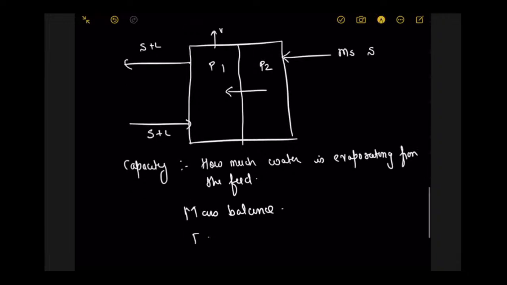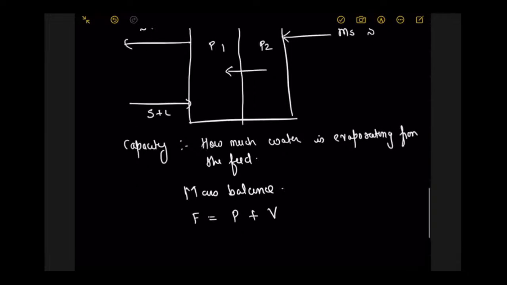Feed equals product plus vapor. So this vapor is nothing but the capacity, how much water is evaporating. Now we can do the solid balance because solid is present in the feed and the product also. So mass of feed into solid present in feed, xf, equals product into xp. So this is the solid balance.